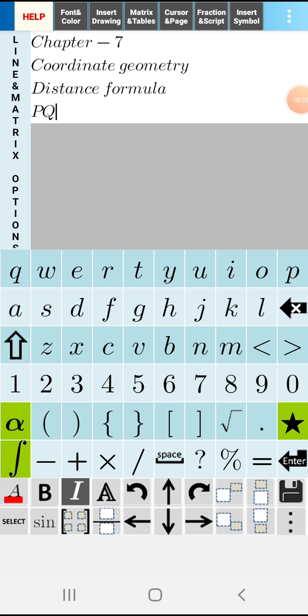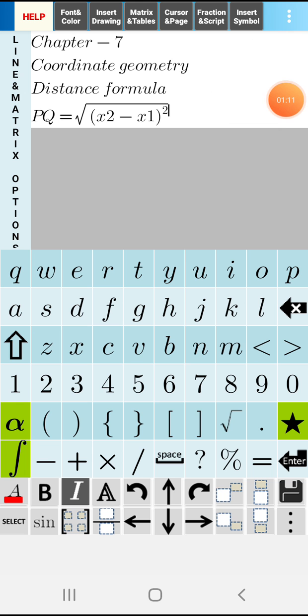We have to write PQ is equal to root of (x2 minus x1) whole square.